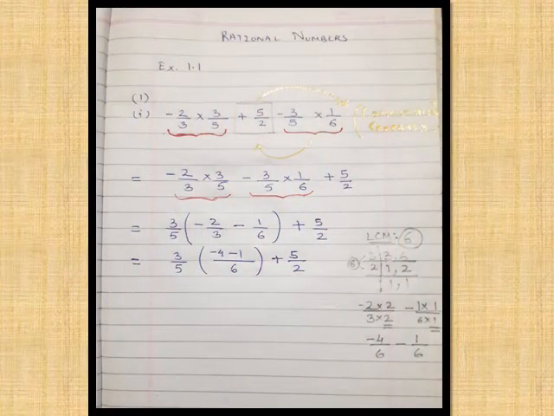Here I have used the LCM method and it is found that the LCM should be 6. So when I get the LCM and I solve it, I get negative 4 minus 1 upon 6, plus 5 upon 2.